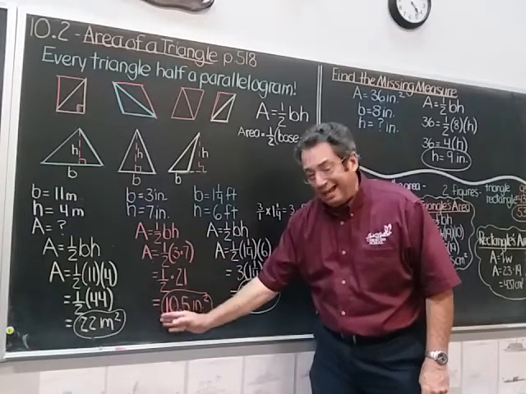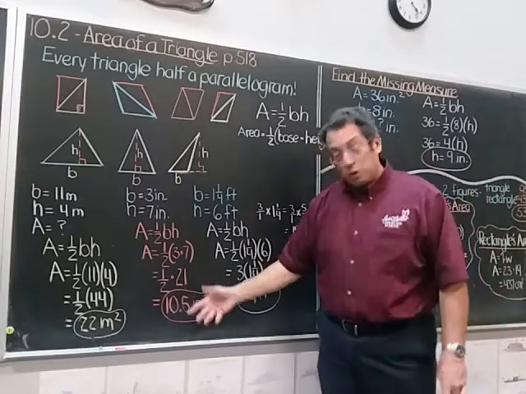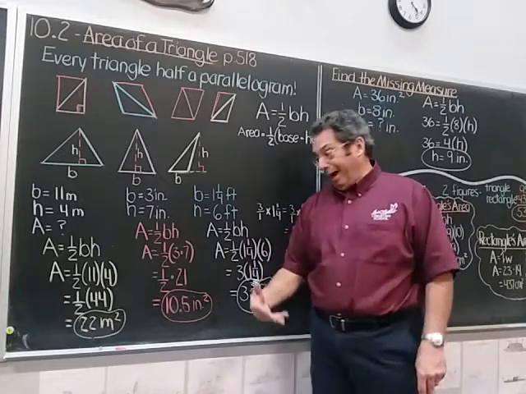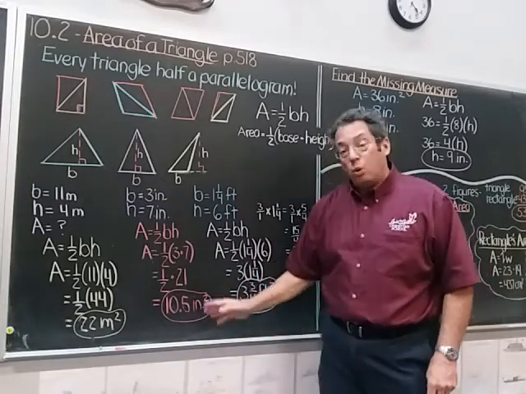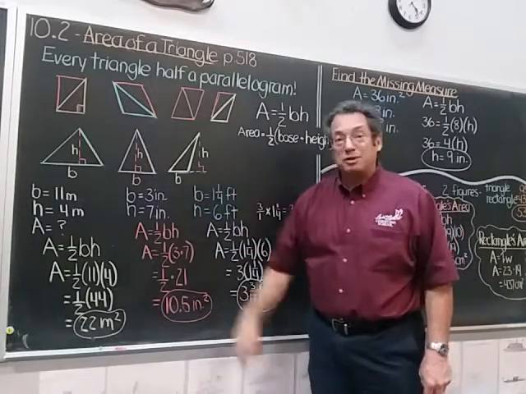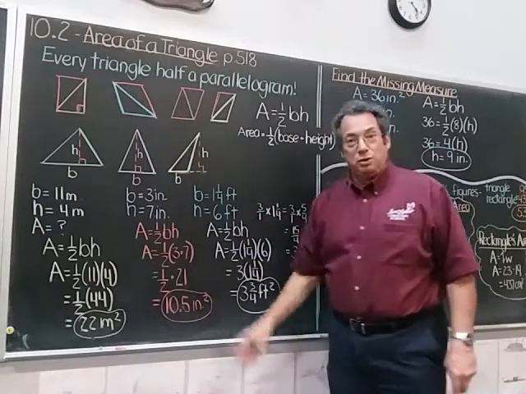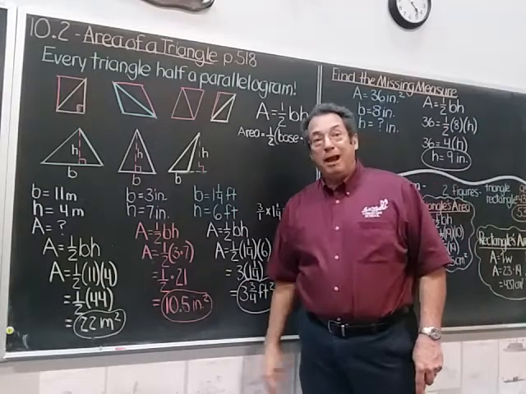Notice I'm doing this straight down, equals under equals, step at a time, don't skip a step. And 1/2 of 21 is 10.5. So you could say 10.5, either way. But it would be 10.5 square inches, because I have measures of inches here. Now if I make it into a whole parallelogram, it would be double that, right? 21 square inches. But it's a triangle, so it's half of a parallelogram.